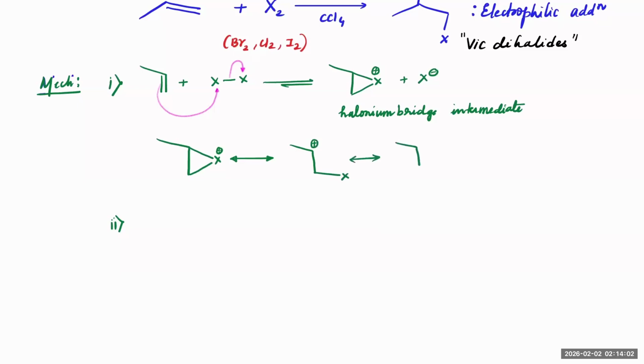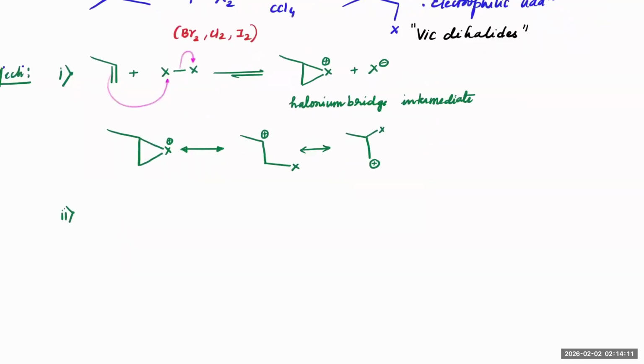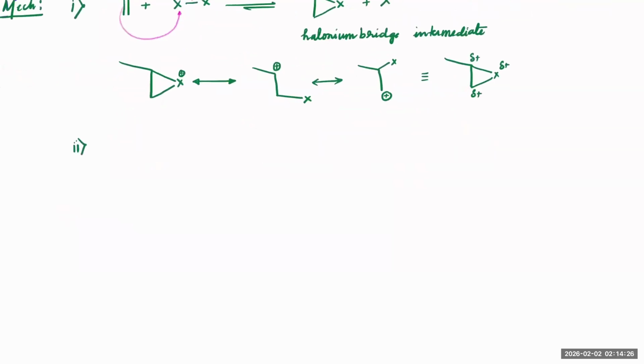And it can break a bond on this end, it will get a positive charge here, which means these two carbons will also show some positive charge due to the resonance effect. So if I write the hybrid for these three, I can say this will carry some delta positive. Here you will have delta positive. Here you will have delta positive. And once you have this delta positive charge on it, we have X plus delta positive. This has some delta positive and this has some delta positive.